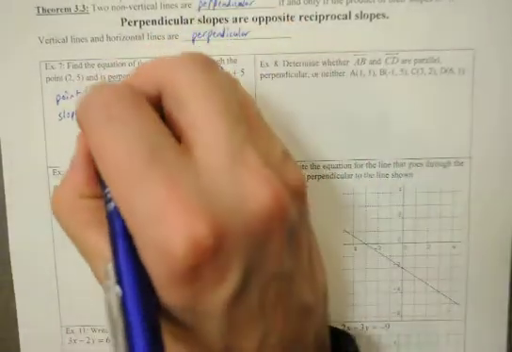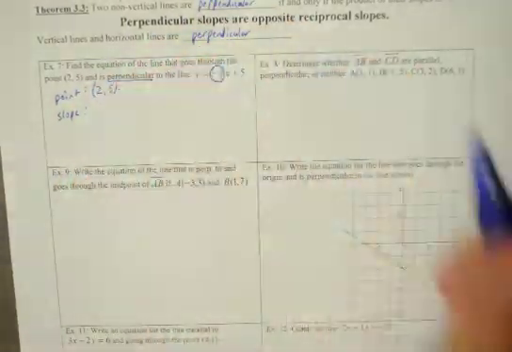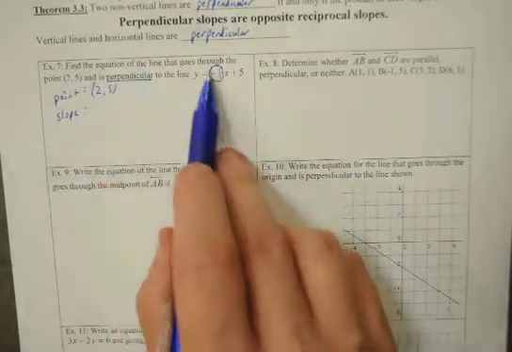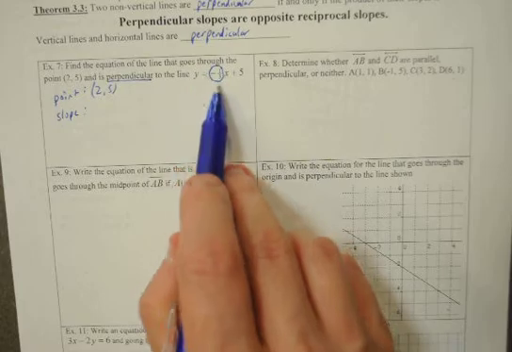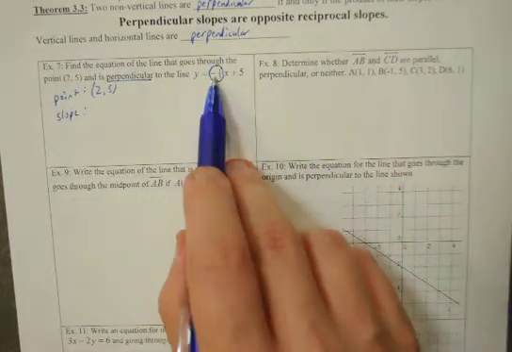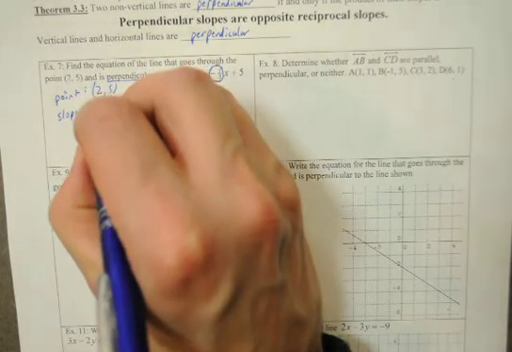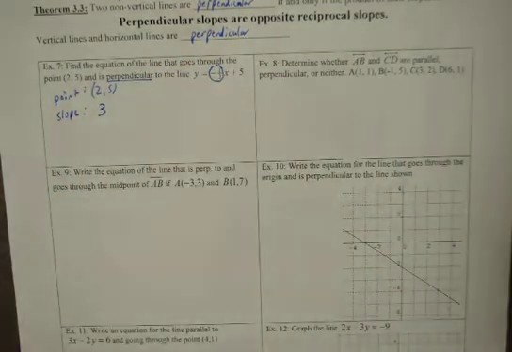So I need a point, which they give us, and I need a slope, which they also kind of give us. They tell us they have to be perpendicular to this. So I need the opposite reciprocal of negative, so it's going to be positive, and 1/3, I'm looking for 3/1, which is just 3.